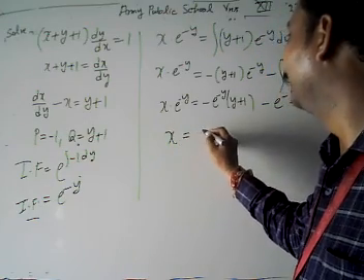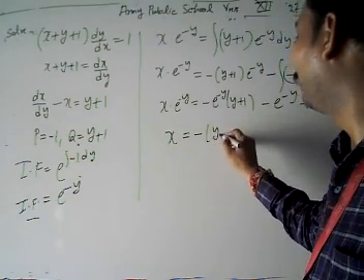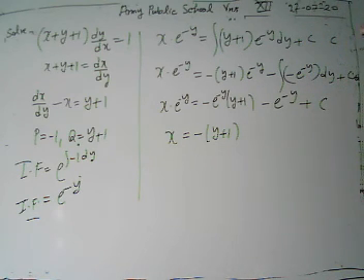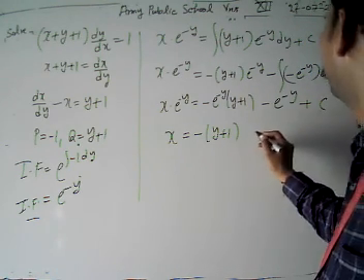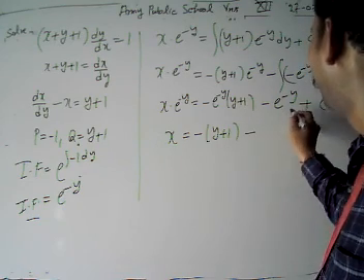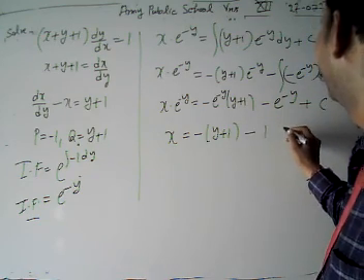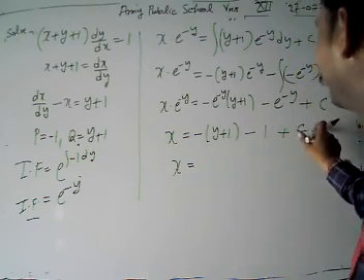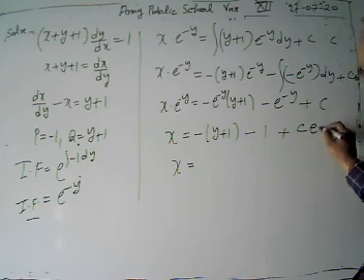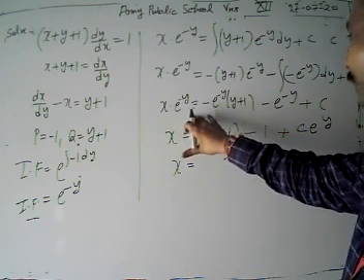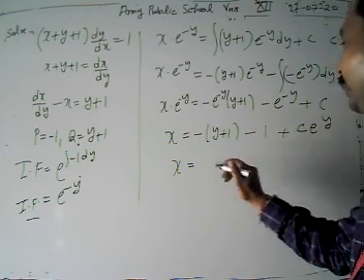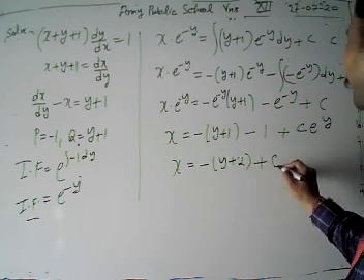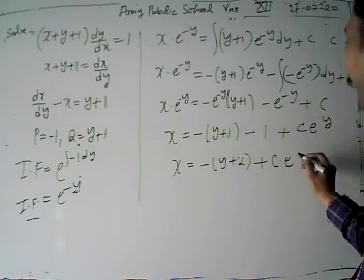We have x is equal to minus y plus 1 and minus 1, plus c into e to power y, because we are dividing each term by e to power minus y. Then x is equal to minus y plus 2... plus c into e to power y.